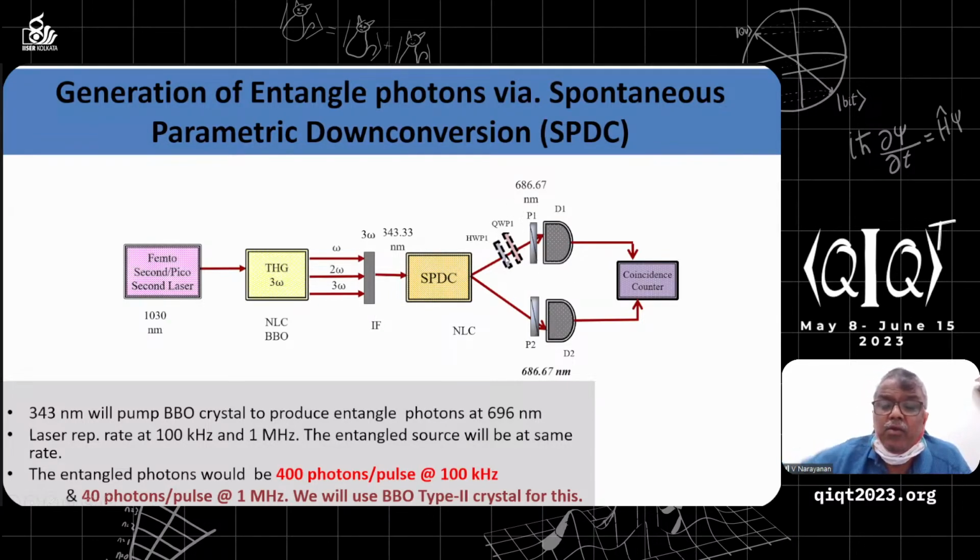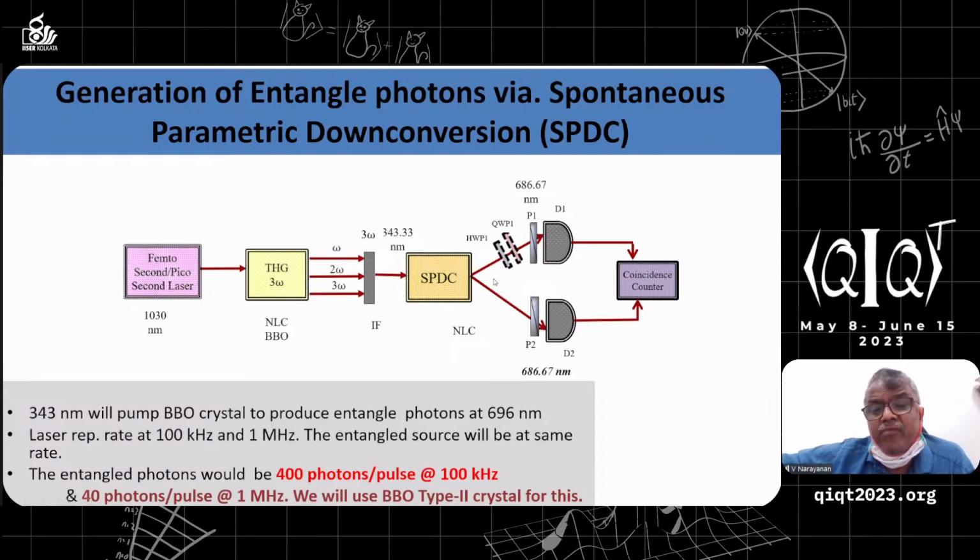Such a thing does not have any classical counterpart, and you say it is a quantum resource. Experimentally, what one does is what is known as polarization-entangled. Most of the work here at IIT Jodhpur is looking at polarization-entangled states.